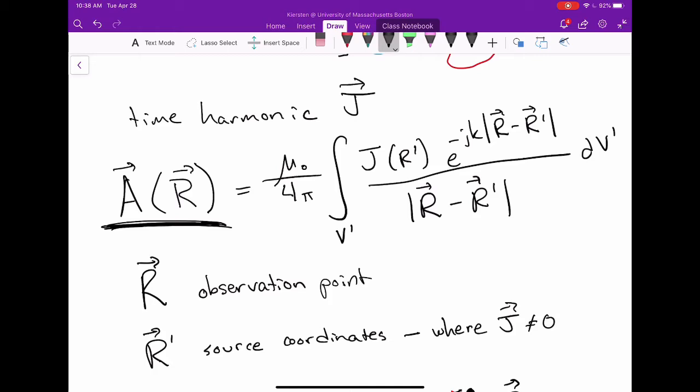And then the result will only be in terms of r, not r prime, because we will have incorporated all the possible values of r prime. So r prime is eliminated from this integral. For each different value of the observation point, technically we have to redo this integral. There are smart ways to do that though, because we just leave it as a variable and evaluate it at the end.